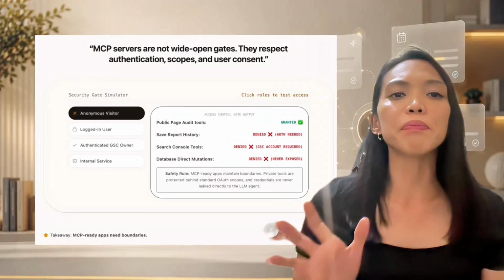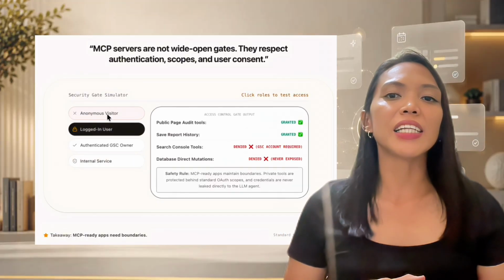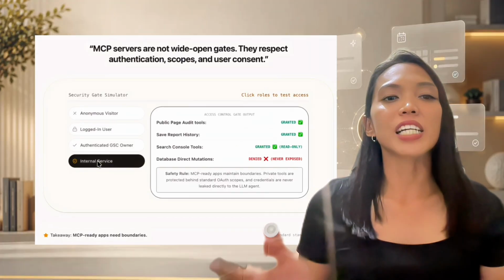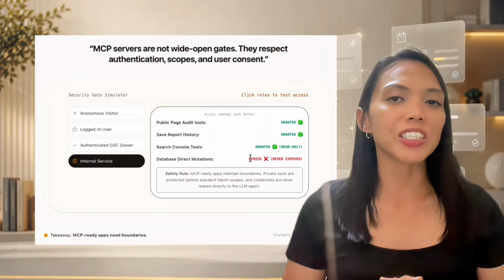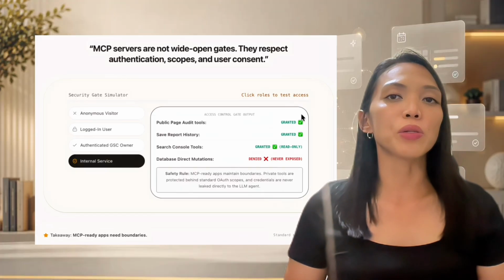A good MCP tool needs to be clear about what it does, safe with private data, permissioned so the user actually consented to the connection, and useful enough to actually change the answer. In my app, that means Search Console stays read-only, and the user has to connect their own account to it. But the tool never exposes private tokens. So a good MCP tool should be clear, safe, permissioned, and useful.